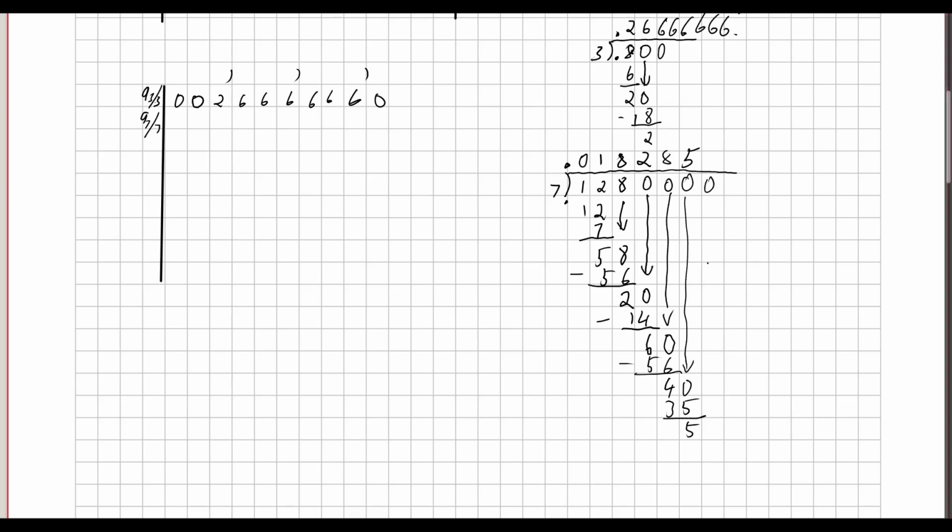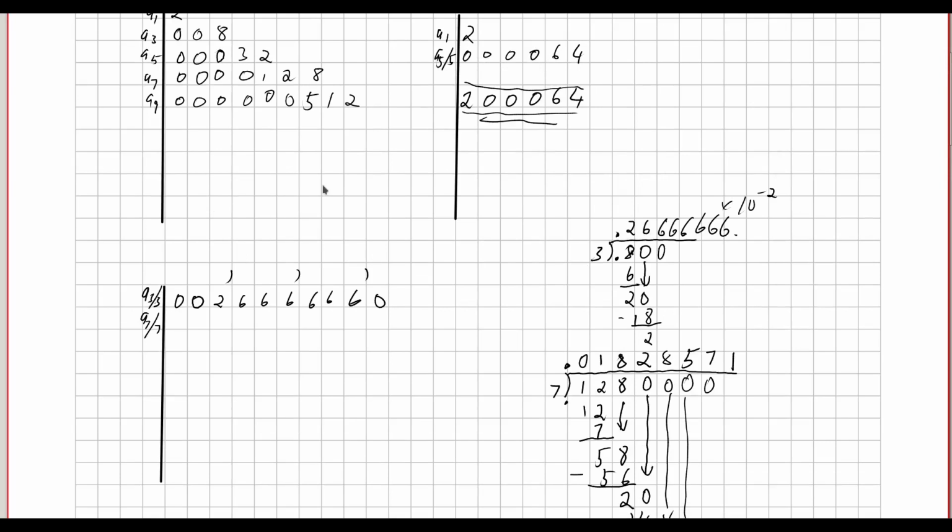Drop another 0 down, so we don't have to do those. So 50, that will be 7, 7 sevens are 49. We get, drop that down, we get 1 left over, and I won't carry on because that's 0.0 and plus, so 0 0 0.